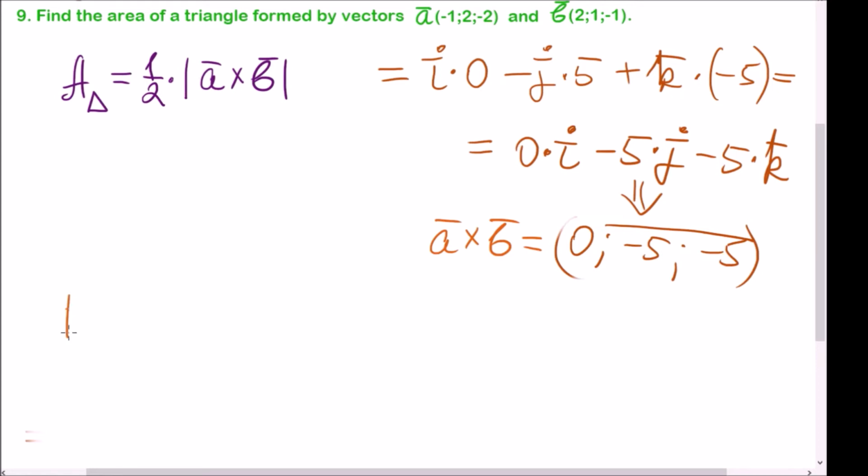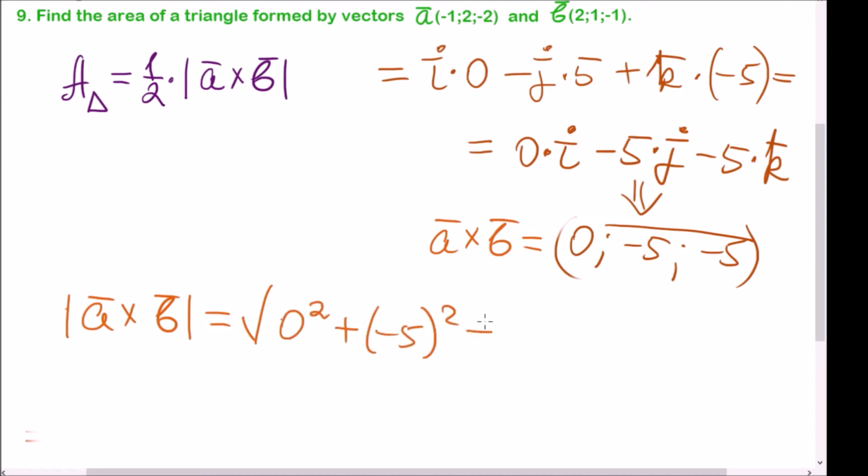And now we'll find the absolute value of the cross product. It is the square root of the sum of squares of the coordinates of that vector. So 0 squared plus minus 5 squared plus minus 5 squared.